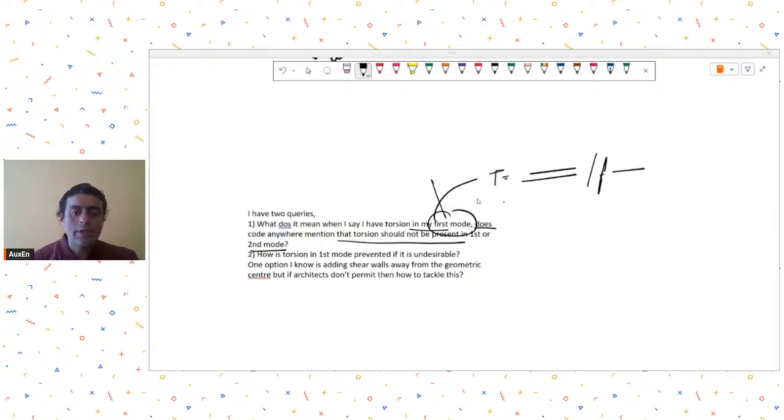Now, does code anywhere say that torsion should not be present? Yes. If you refer to table 5, okay, why is it a problem? Let's discuss why the first mode of torsion is a problem.